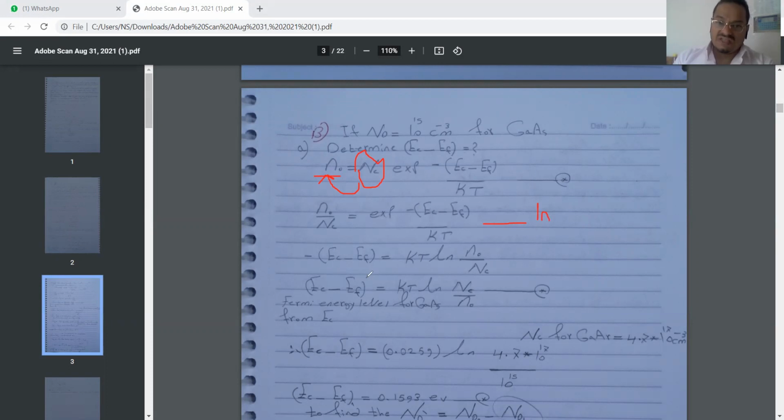Minus EC minus EF equals KT log of the concentration of electrons divided by NC. How can I delete this minus without changing anything inside this bracket? I will just put NC, the effective density of the conduction band, up and the concentration of electrons down, to find the Fermi energy level for germanium arsenide from the conduction band. Okay, let me delete all of that and keep going.